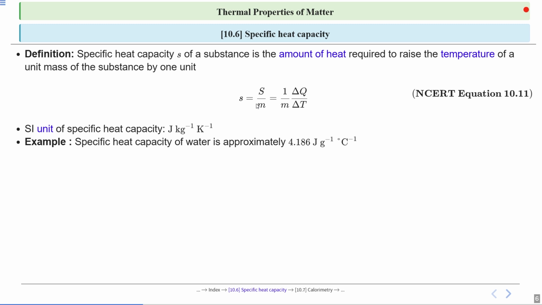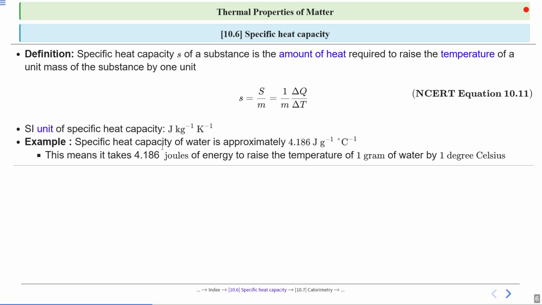Example, specific heat capacity of water is approximately 4.18 joule per gram per degree Celsius. This means it takes 4.186 joules of energy to raise the temperature of 1 gram of water by 1 degree Celsius.